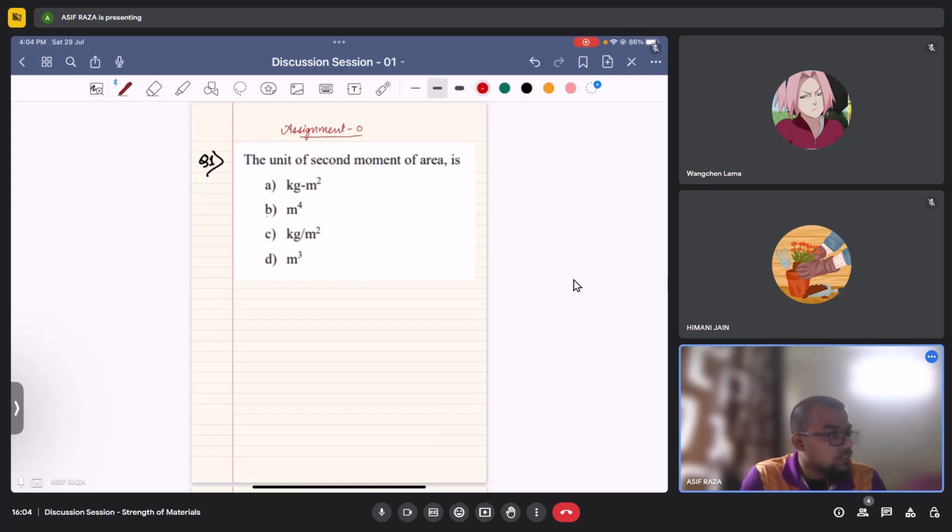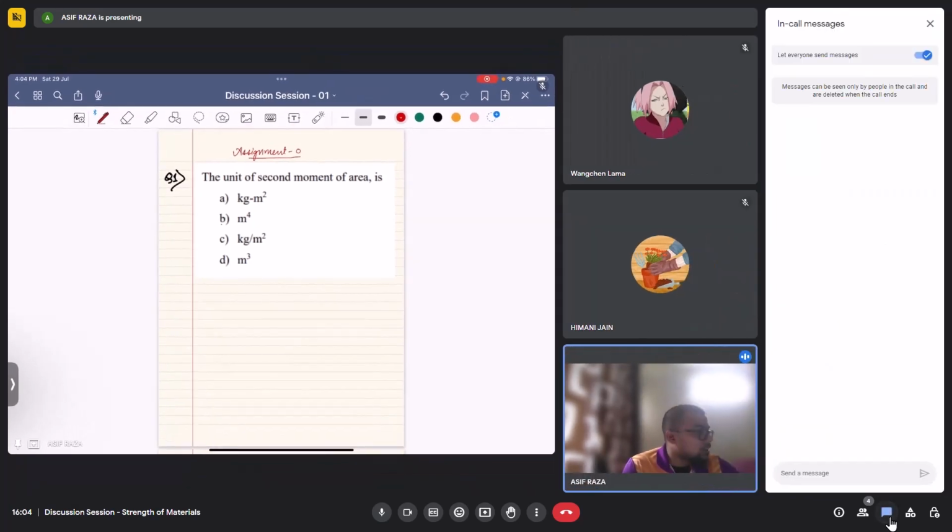I would ask my audience to reply in the chat box what they think the answer is. So Himani has given option B. Yes, both of them have said option B, so that is correct.